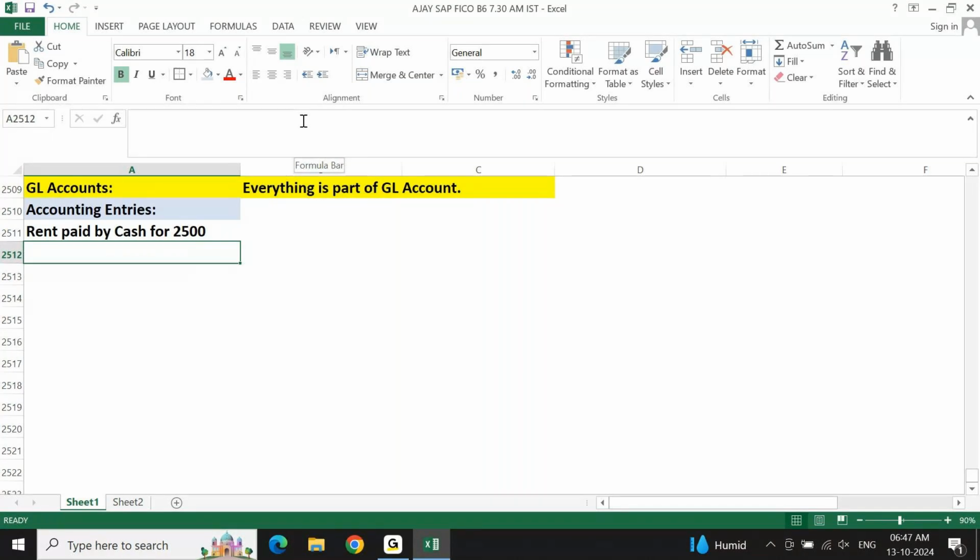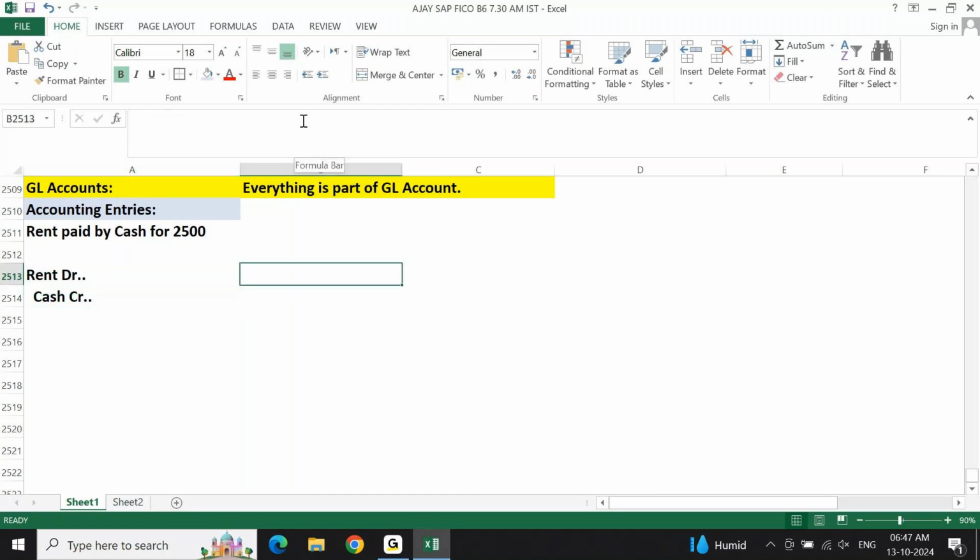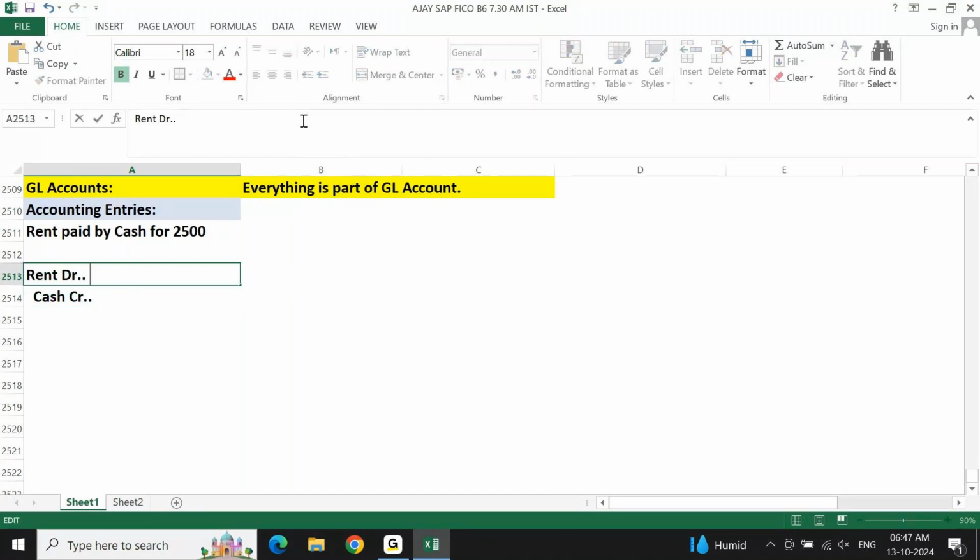Rent to cash. Rent debit, cash credit. I can put 2,500 on the debit side and 2,500 on the credit side.